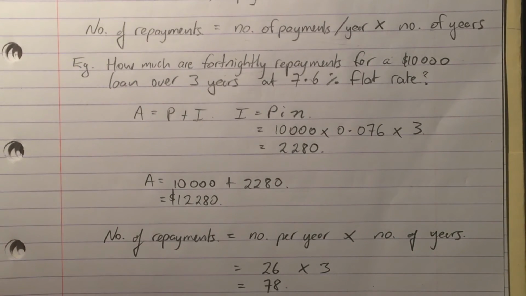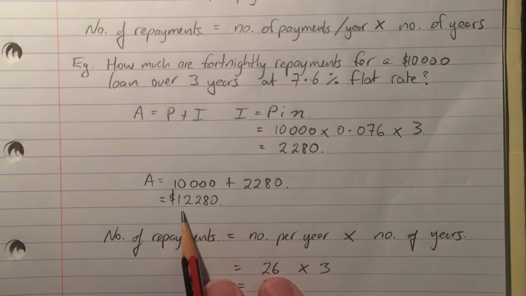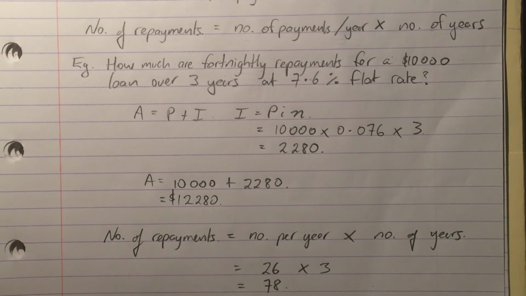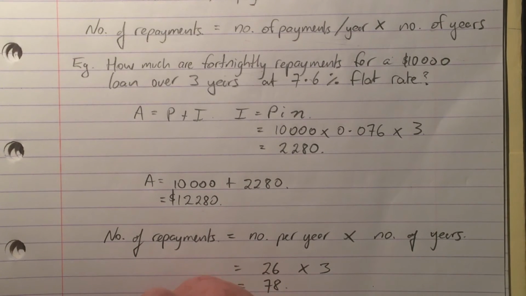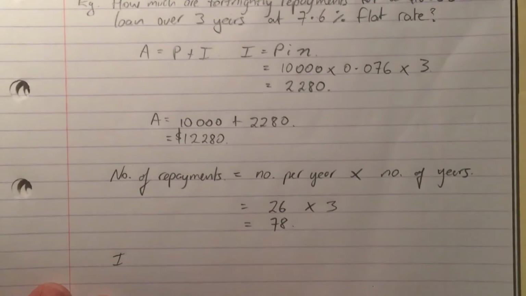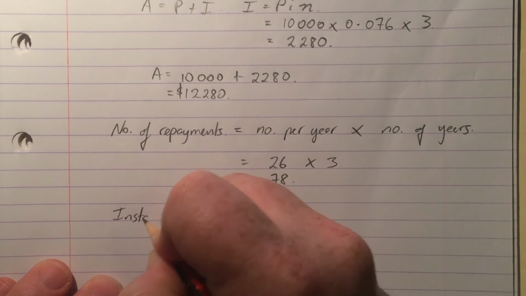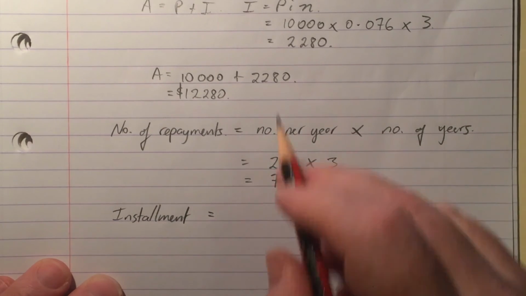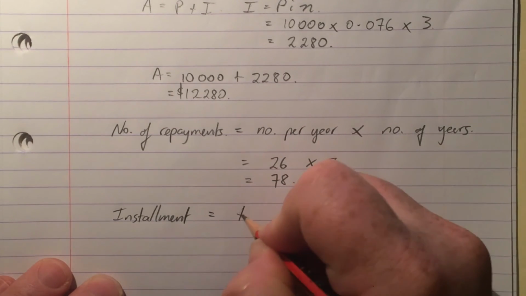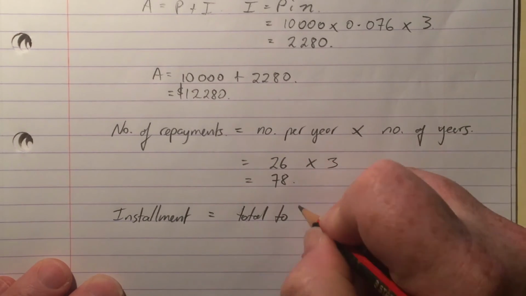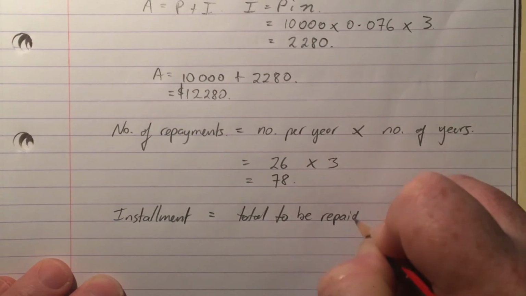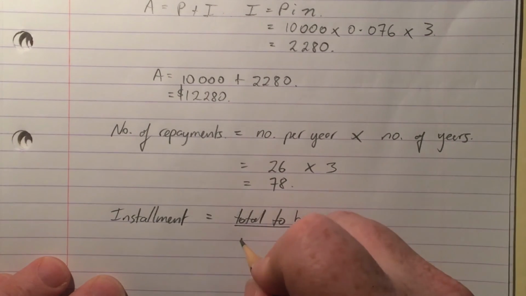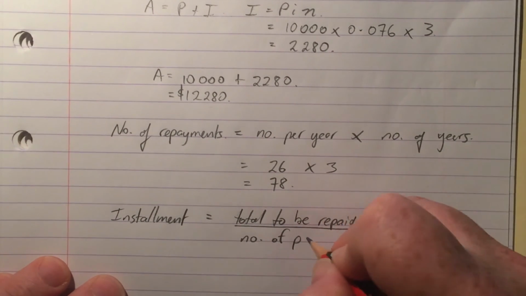So what we're faced with here is we need to pay back $12,280, and we need to do that in 78 payments. So the payment amount, what's often called an installment, will be the total to be repaid divided by the number of payments.